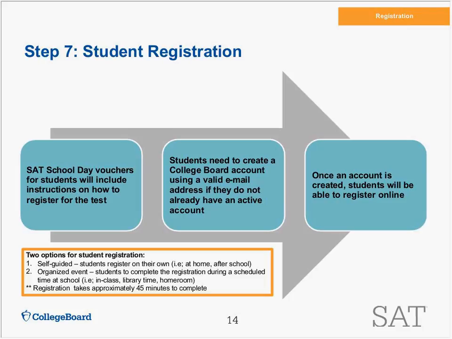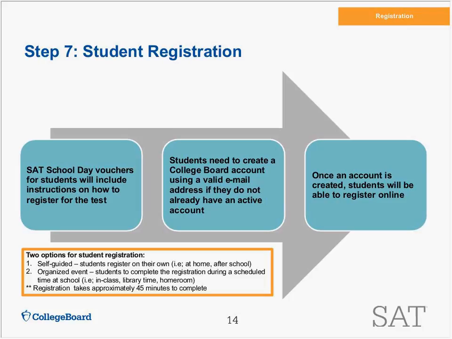Now, two things to tell you about student registration. You know your students best, you know how they work best, so it's important for you to think about what's going to be the best approach for registration for your students. There are two different ways you can approach online registration. You can do it in a self-guided way. So you can give your students their vouchers and send them off on their own to register, at home or after school.